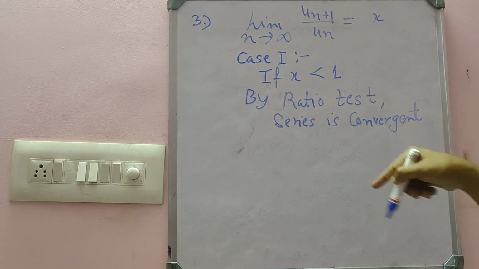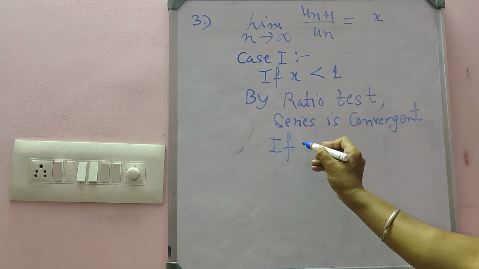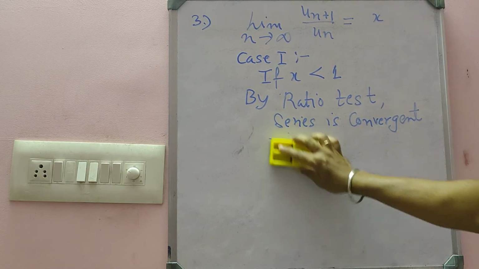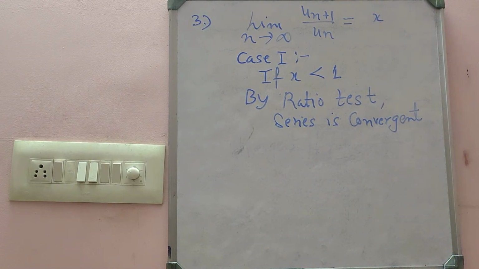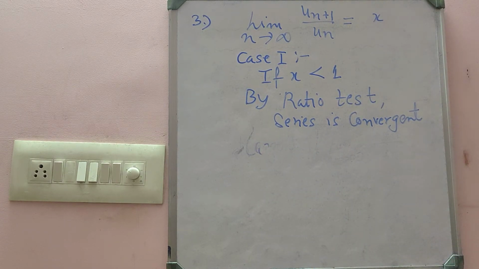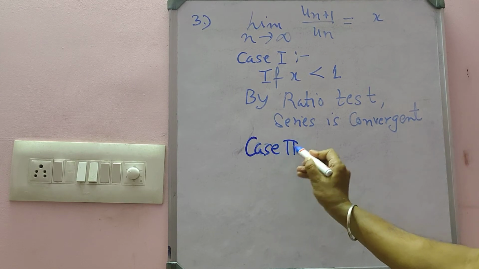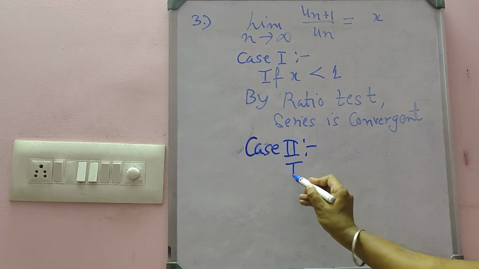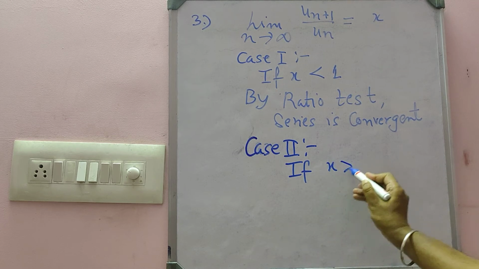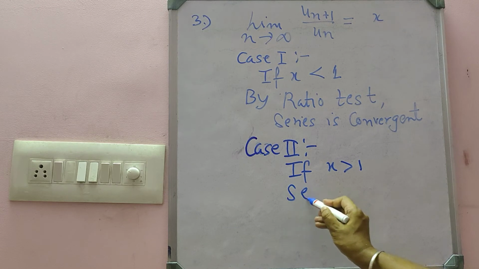Already we know these are sufficient conditions. Same way we have to write now. Case 2: if x greater than 1, the series is divergent.